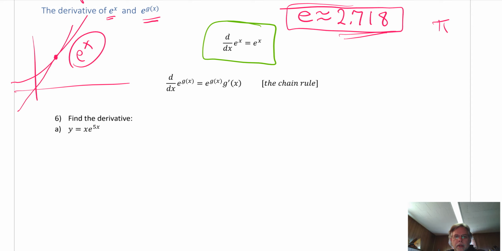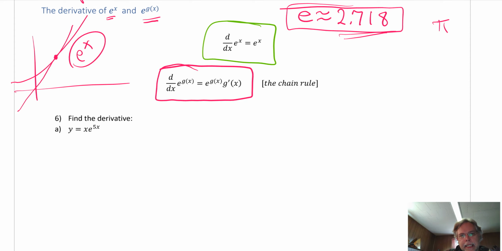Okay. Now, what happens a lot of times is we have e, the number e, raised to a function. Even if we look at our first example we're going to do in a second, we have 5x as the exponent. Not just x, but 5x. So in that type of situation, we have a formula which is based on the chain rule here for the derivative of e to the g of x.